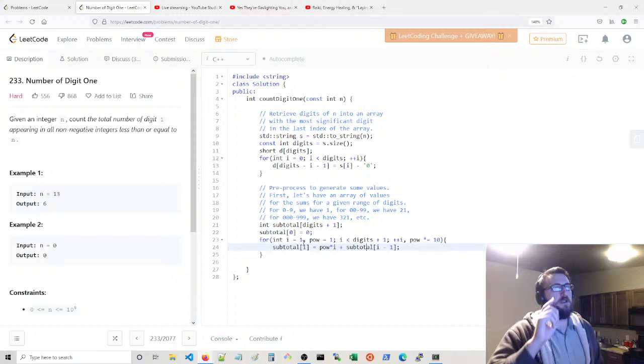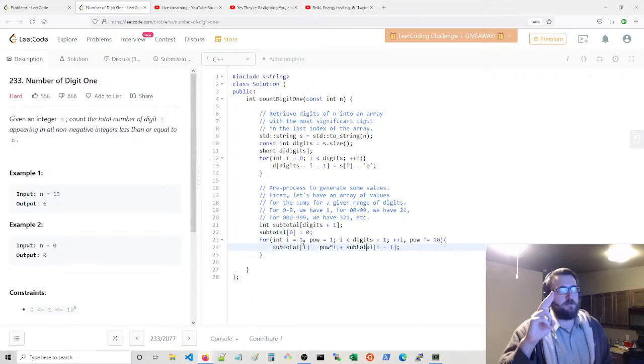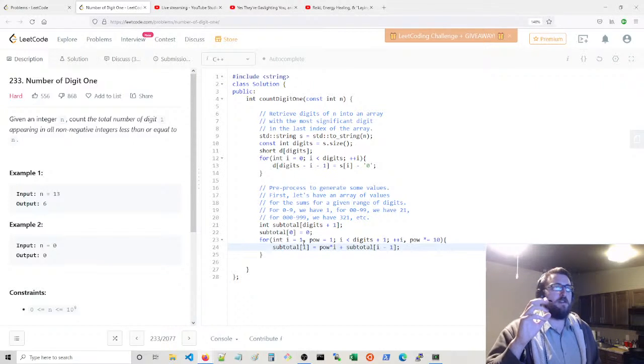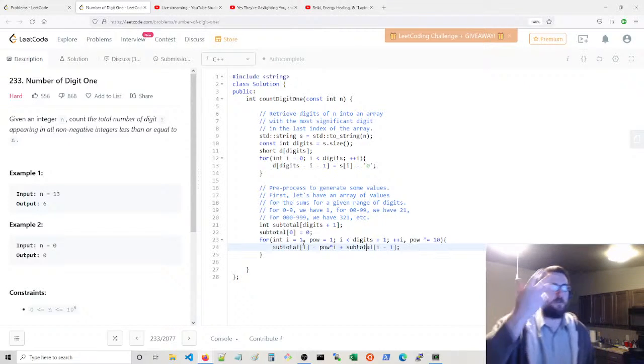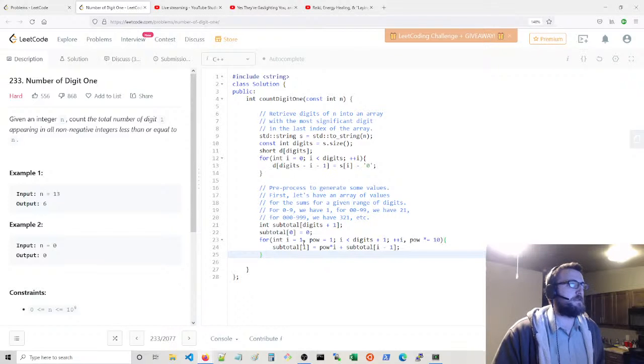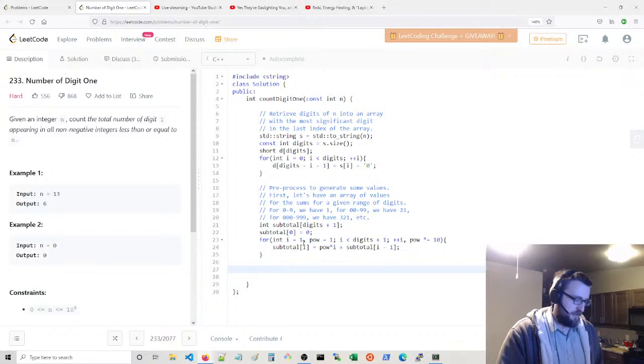Subtotal of 1 is 1. When you get to 2, your power is 10. 2 times 10 is 20, right? And the previous subtotal is 1, you get 21. Then you get 3 times 10 is 300, plus 21 gives you 321, then you get 4, 3, 2, 1, etc. So these are all the subtotals that you get for the number of digits.